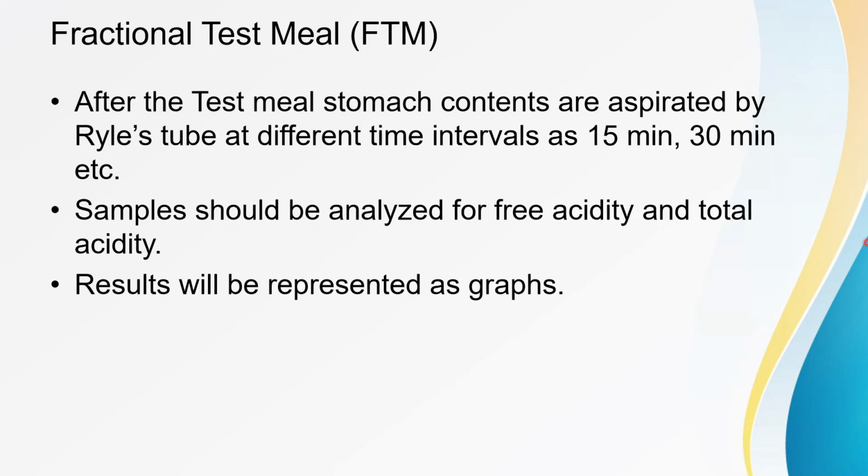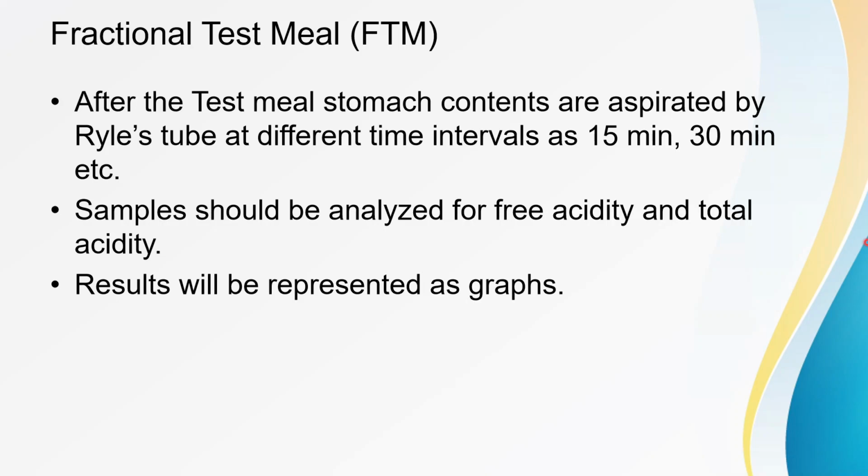At regular intervals we collect the gastric juice using a Ryle's tube. These samples should be analyzed for free acidity and total acidity. Then we interpret the results in the form of graphs.